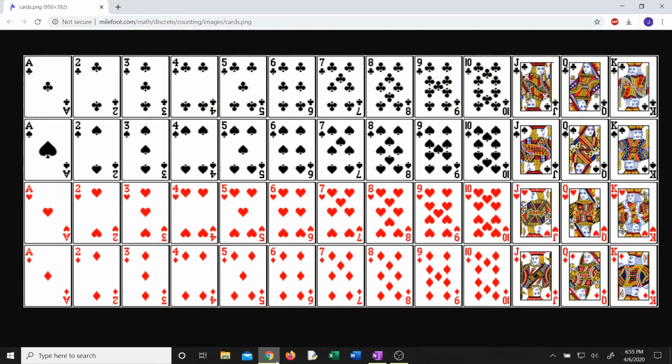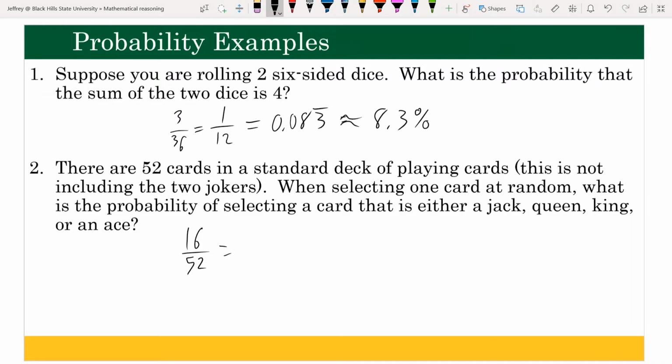If we count these, we'll notice that there are four cards per suit that are either jack, queen, king, or ace. With four suits, that's 4 times 4, which gives us 16 cards out of the 52. This simplifies down to 4 out of 13, and 4 divided by 13 is 0.30769, and so on, which is about 30.8%.